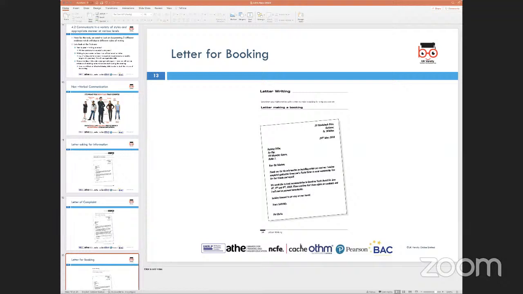Now, the other side that we look at, the other word that I mentioned very briefly at the start of this session, was transferable skills. So when we talk about transferable skills, these are skills that people are able to use.